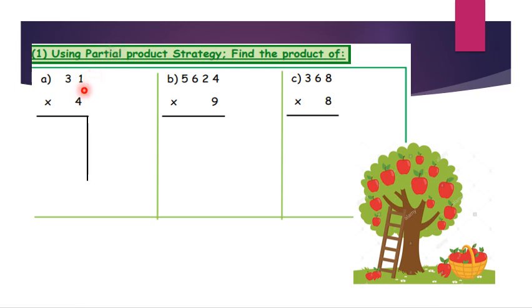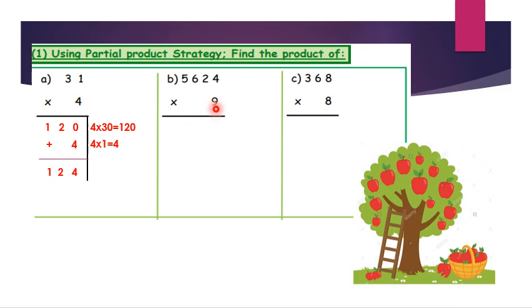The first step, I'm going to multiply 4 by 30. Great job. 4 by 30 equals 120. 4 by 1 should be what? 4 by 1 equals 4. Now let's add them together. 120 plus 4 equals 124.